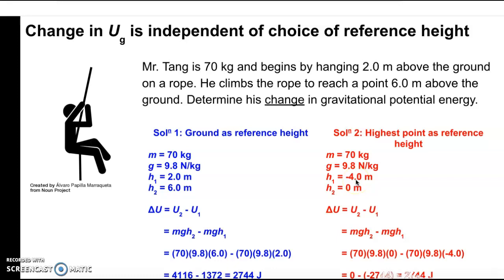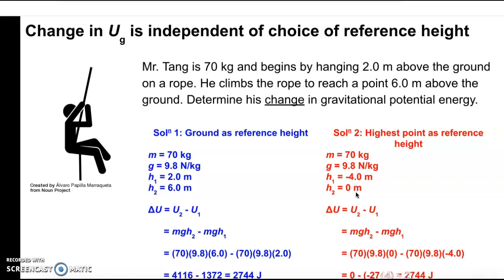I'll give you a second to think about that math, coming from the 2 and the 6. If the reference height is at the top of the rope, I started 4 meters below that, so my h1 is negative 4 meters. My final height would be 0 meters, exactly at the top of the rope where I ended.